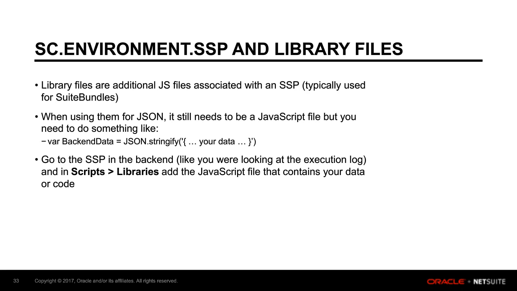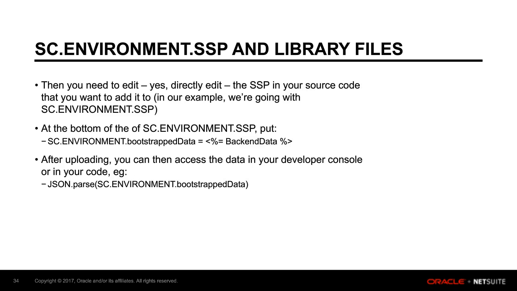When using them for JSON, this typically means that what you need to do is effectively create a variable name for it, which then stringifies the data. And if you want to take a look, you can see that we do this in the back end by looking up the SSP that you're editing and then going into the script libraries tab. So let's take a look at this.